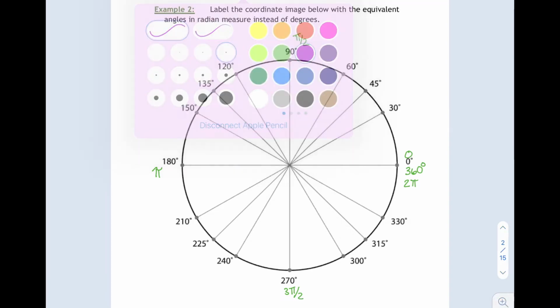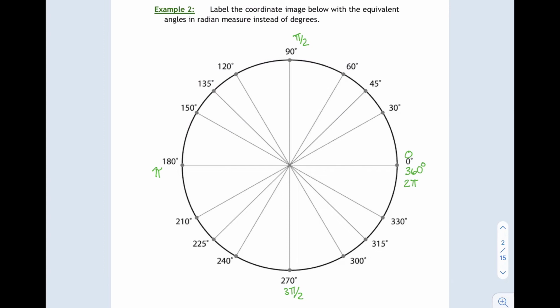So let's think about our multiples of 45 degrees. If 180 degrees is pi, 45 degrees is 1/4 of that. Because if I cut my pi radians into little sections, I can cut it in half to get pi over 2 or 90, cut that in half to get 45 degrees.